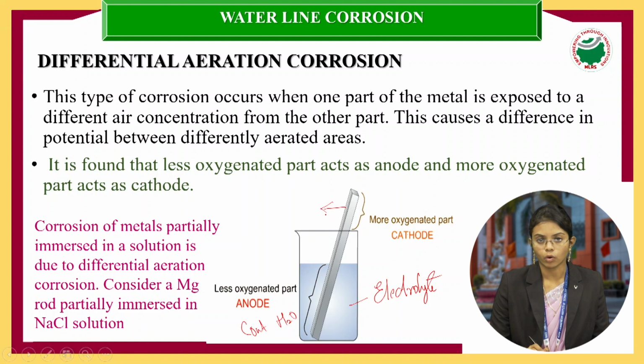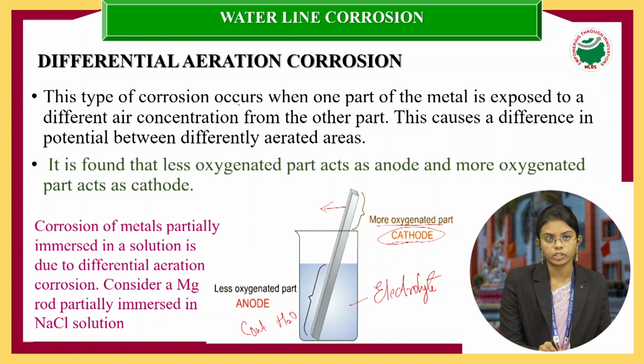The part of the metal rod or the electrode which is in contact with the electrolyte solution will be less oxygenated, and it undergoes corrosion and acts as the anode. But the other half of the metal rod, which is not in contact with the electrolyte solution, will be more oxygenated and it will act as your cathode and it is getting protected.